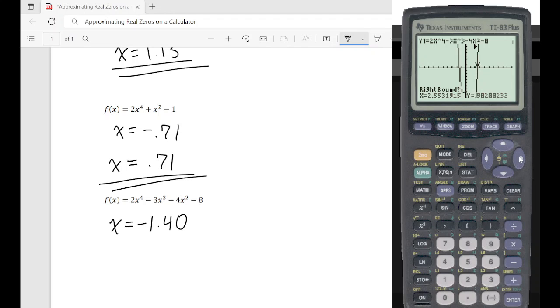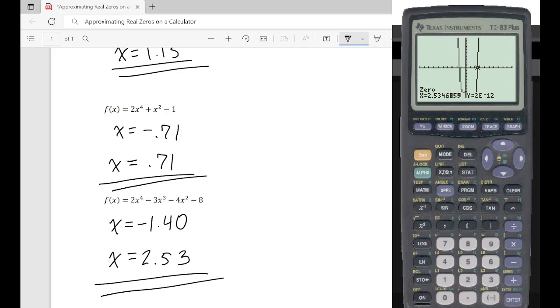You can hit another spot over. Even though it's not showing, it's clearly up here. Well, it's not clearly up here, but it is up here. So we hit enter. Calculator knows what's going on. It'll think about it and give us our next answer at 2.53. So our last 0 is at 2.53. And here are the zeros for this function.